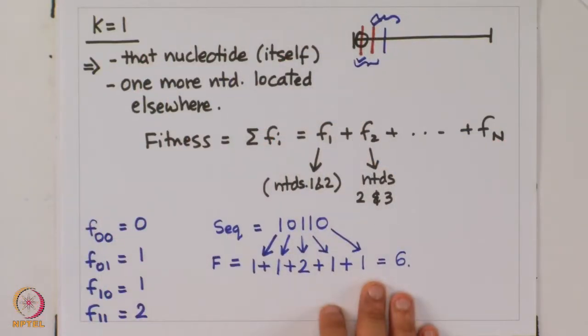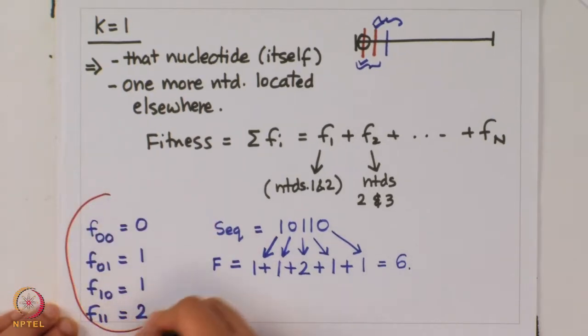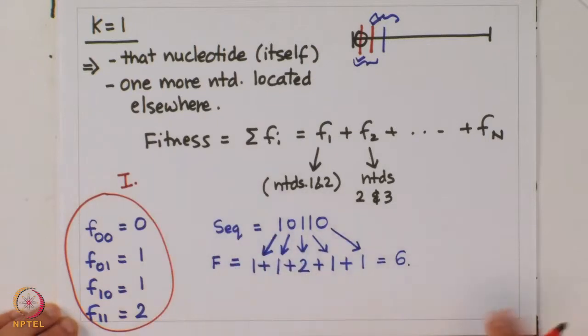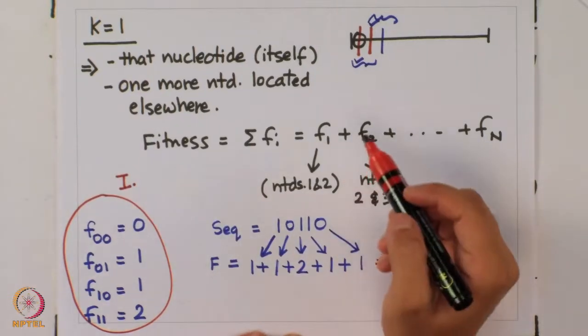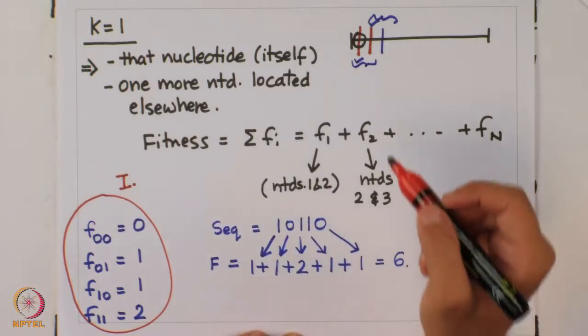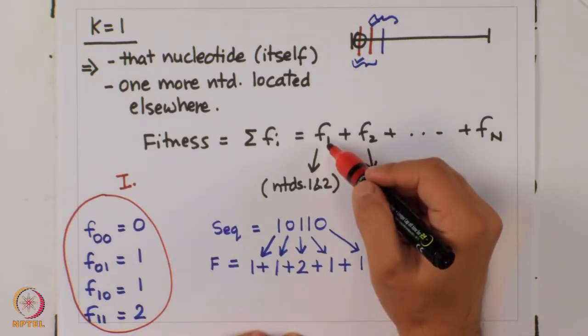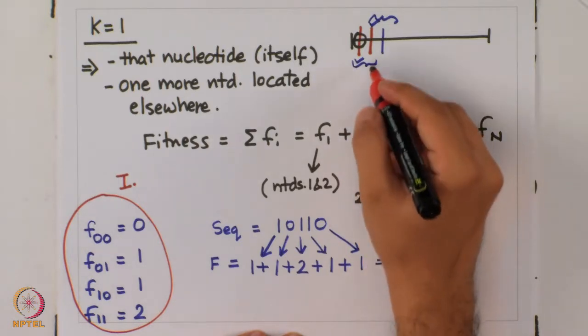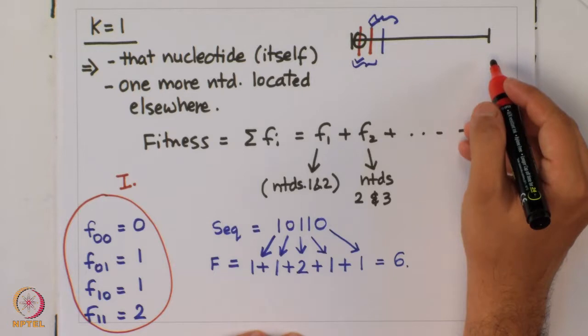Okay. Two aspects according to the definition that we have talked about are chosen somewhat randomly. The first one, if we look here on our slide for k equal to 1, is these fitness definitions. These are somewhat randomly chosen. So, this is aspect 1, and the second one is that when I choose k equal to 1, what I am trying to say is that the fitness contribution of the first nucleotide depends on itself and any one of the other n minus 1 nucleotides.